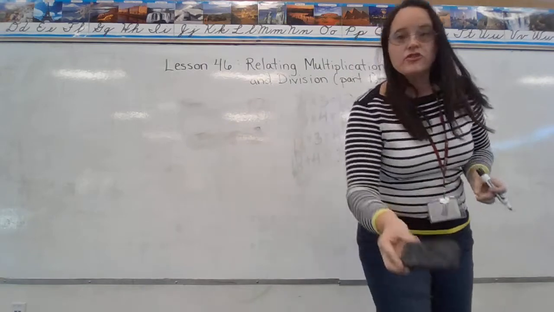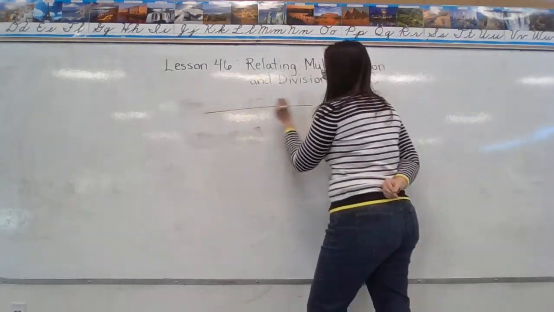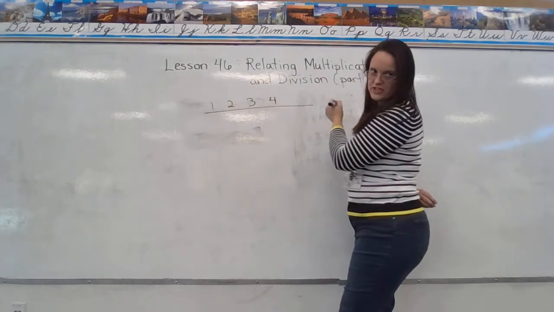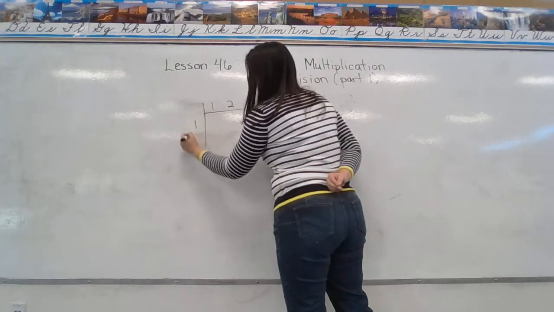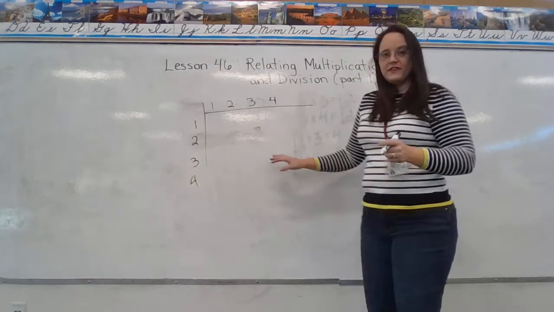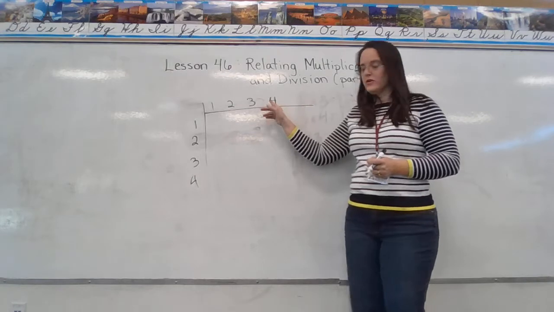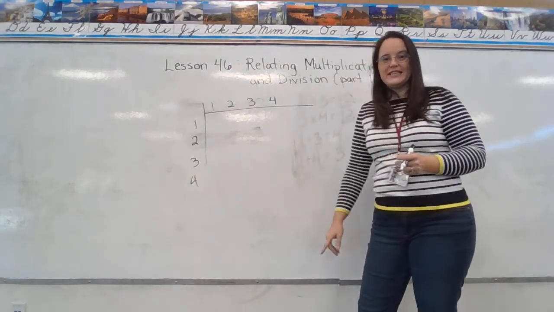I'm not going to draw a whole multiplication table for you, but you know how it has the numbers up here, 1, 2, 3, 4, and usually it goes the whole way to 10, if not 12. And then down the side, we have the same thing. If we're trying to figure out 12 divided by 4, we could go to the 4 here or the 4 here, and we would go across to wherever we see a 12.